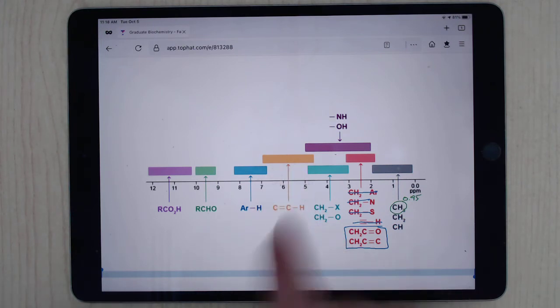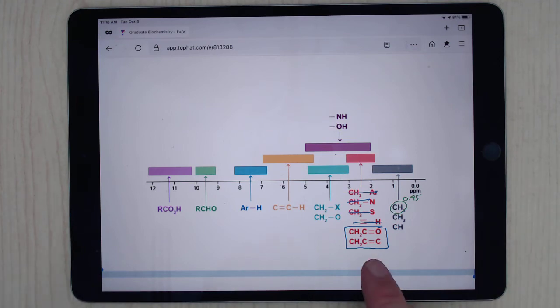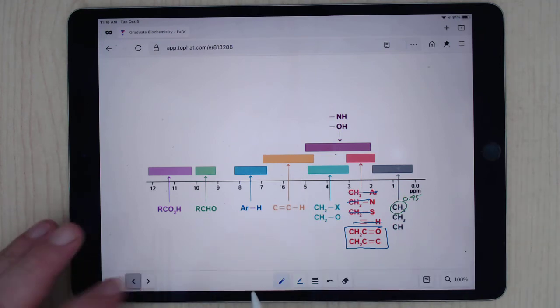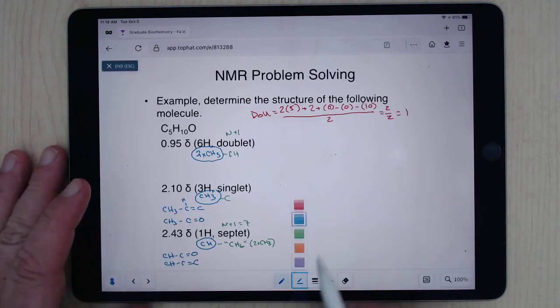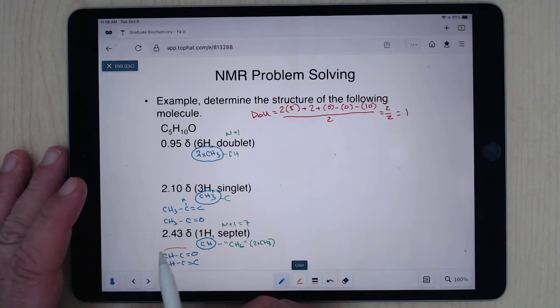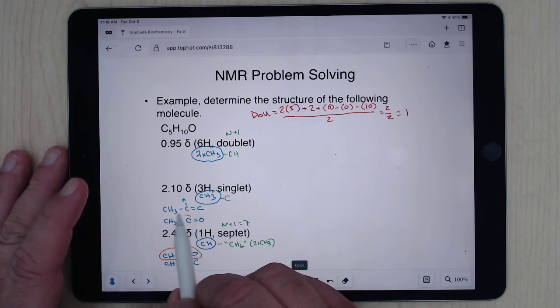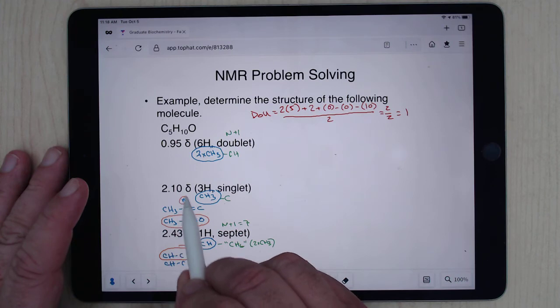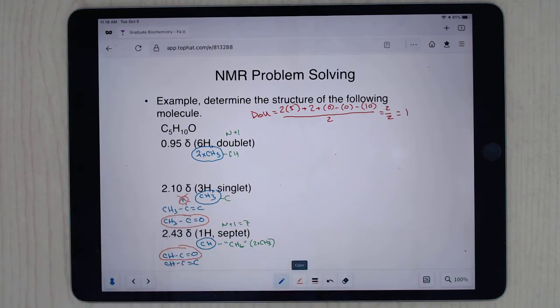Since we don't have anything here, it's probably not this, because we don't have any signals that would indicate hydrogens on there. So most likely it's a C double bond O for both of these. This is probably the best place to start.